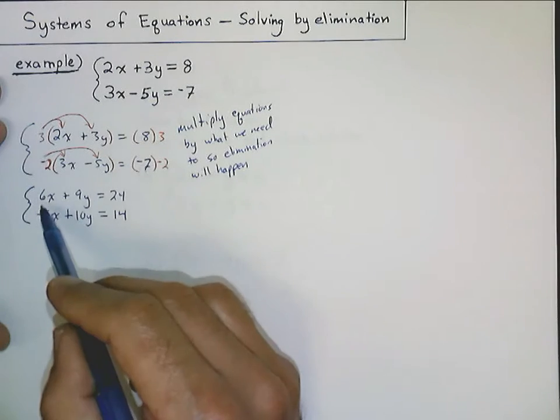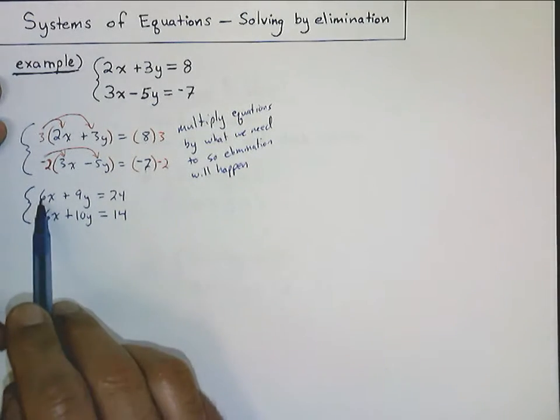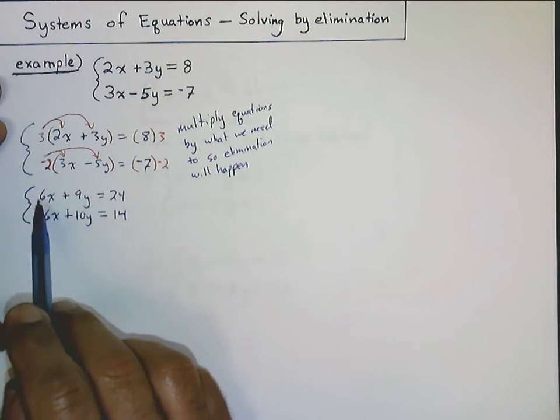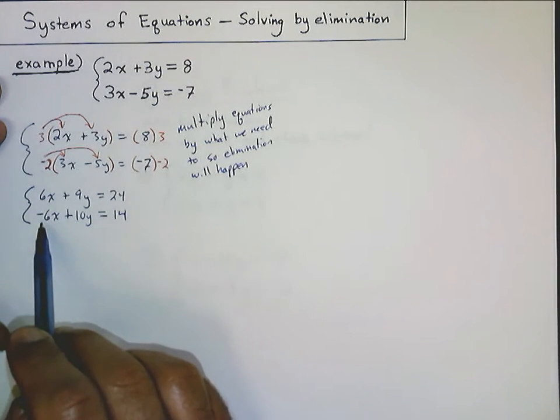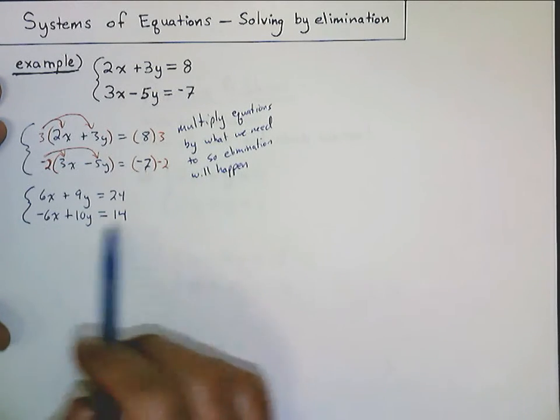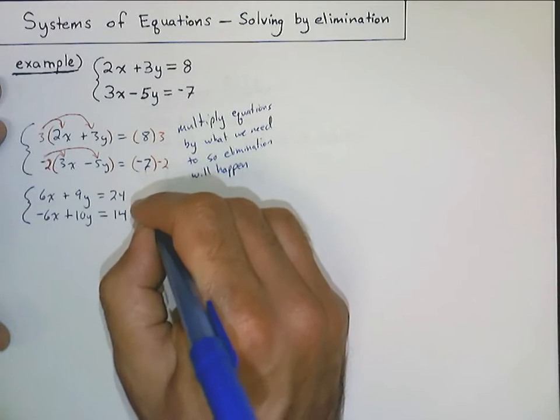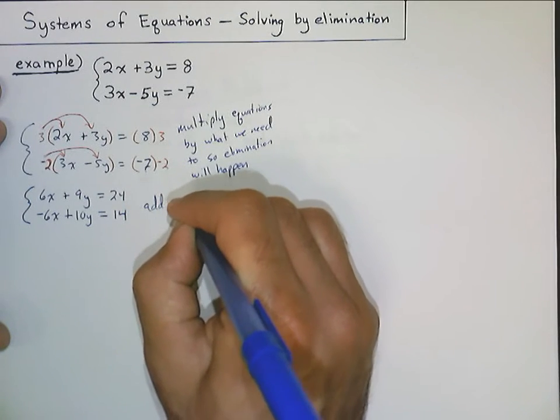Basically, what we need is the coefficient of x or y, it doesn't matter, we can eliminate the y's too, but here the coefficient of x is 6, the coefficient of x down here is negative 6. They're opposites. So when we add them together, the x's go away. Then all we do here is now we're going to add the equations together.